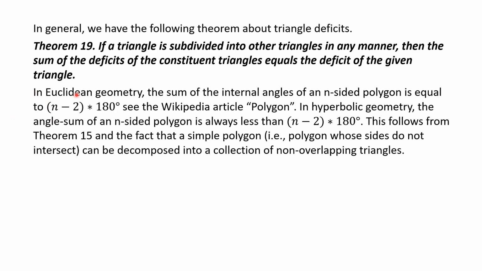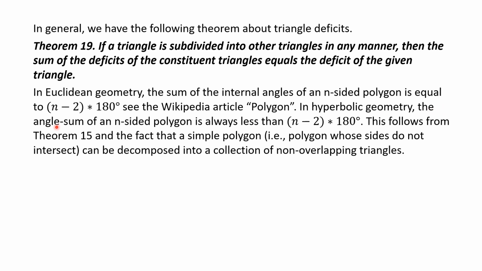Then moving on to another topic, which I just squeezed in here on this slide. In Euclidean geometry, the sum of the internal angles of an n-sided polygon is equal to n minus 2 times 180 degrees. You can look that up if you like in the Wikipedia article Polygon. In hyperbolic geometry, we have something similar but slightly different.